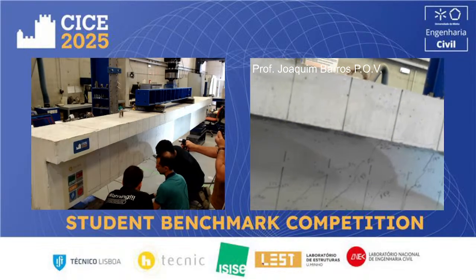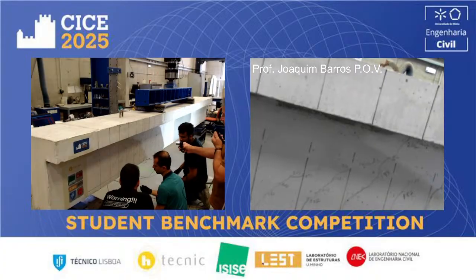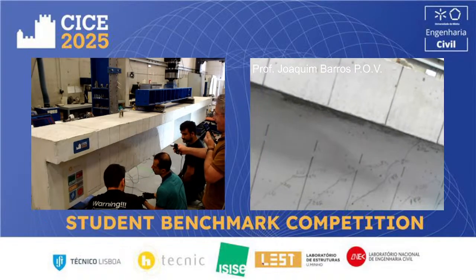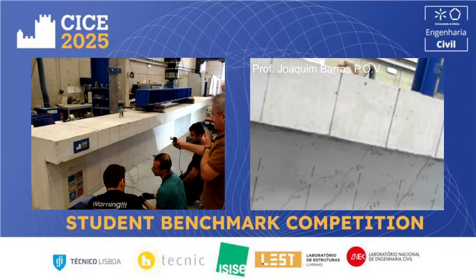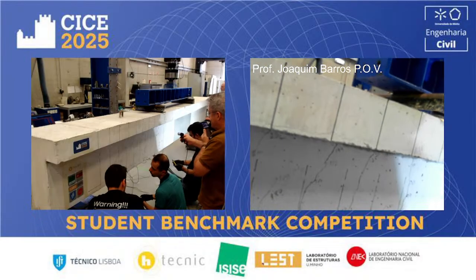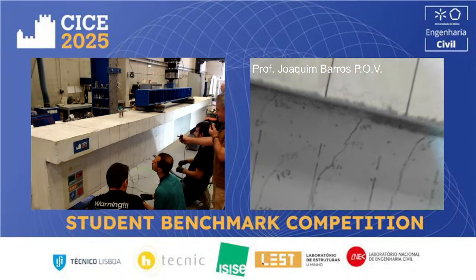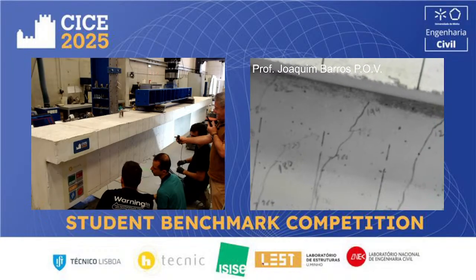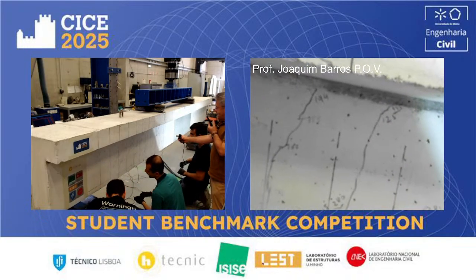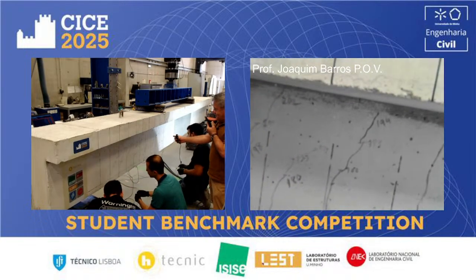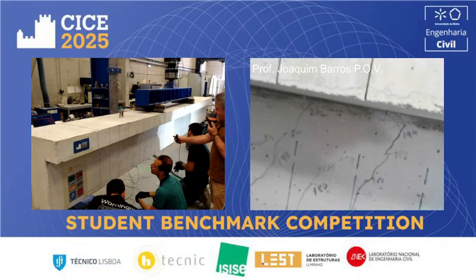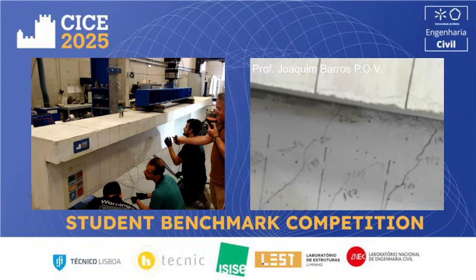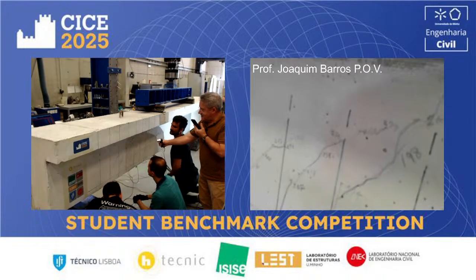So we see the propagation of the shear cracks crossing the stirrups is quite nice. For instance, this crack progressed in between the existing stirrups. So the major part of the cracks are formed in between, as you can see, even this one.